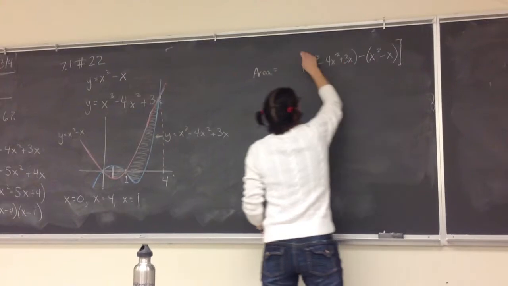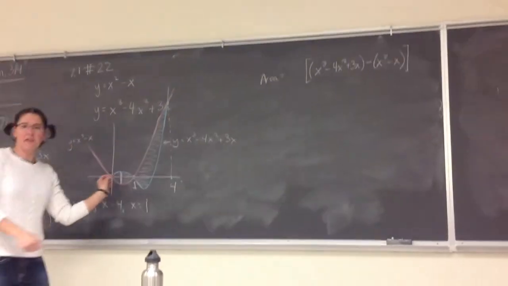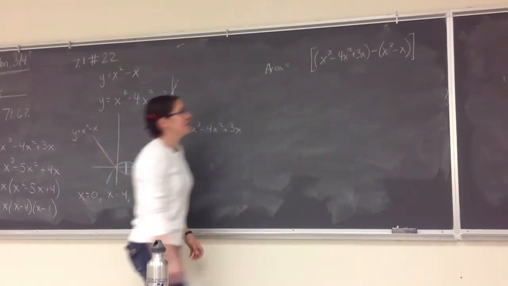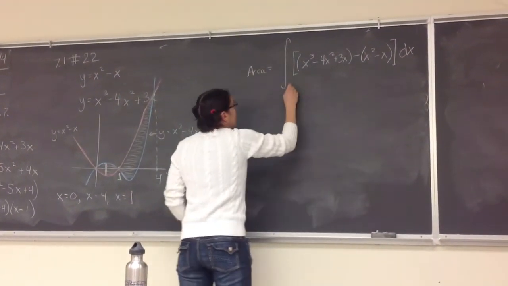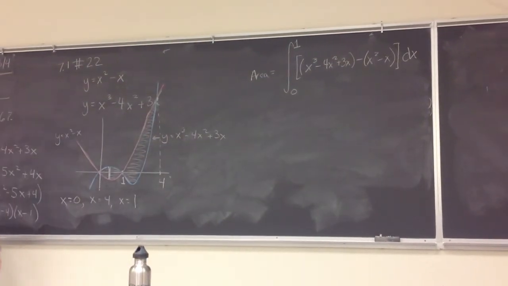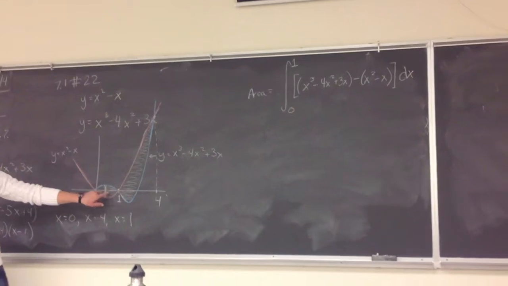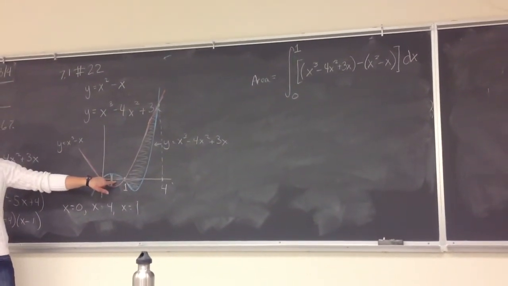And so this is the height of our rectangle. The width of our rectangle is a little bit in the x direction, so that's dx. And then we want to add up all those rectangles starting at x equals 0 and ending at x equals 1. So that's our first region here. We now need to add on the second region. Are there any questions about the first region?